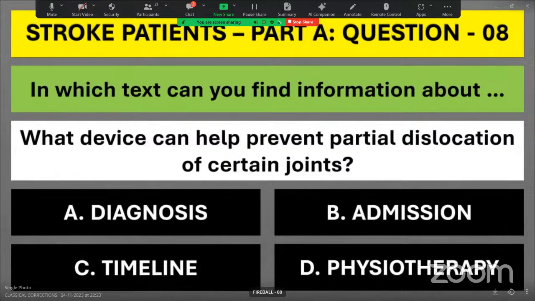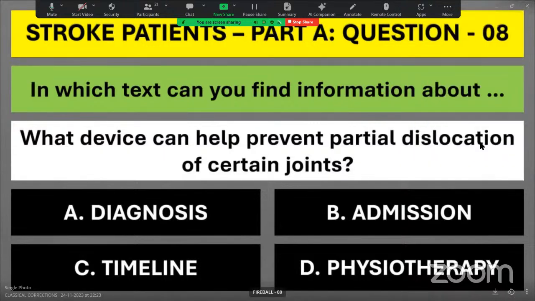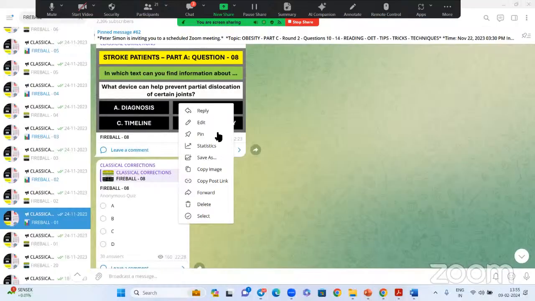Where will you find A, B, C, D? What device can help prevent partial dislocation of certain joints? Where will you get it? Which one will you find this information in? Yeah.